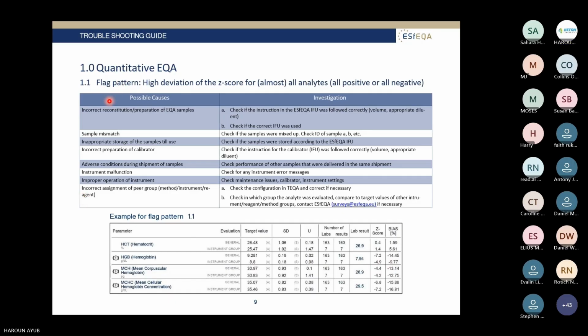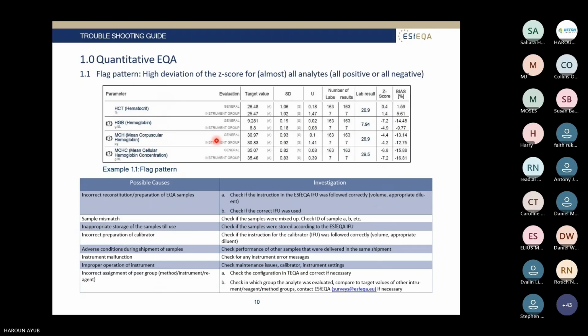So we have discussed incorrect reconstitution, sample mismatch, inappropriate storage of the samples, incorrect preparation of calibrators, shipment issues, and so on. Flag pattern, high deviation of the Z-score, almost all the analytes positive or all negative. Same thing we have seen.